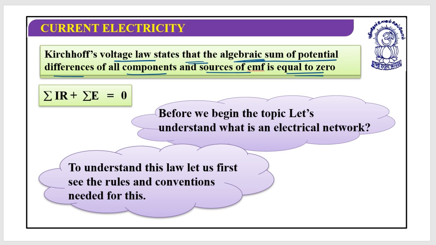It says the algebraic sum of potential differences of all components. That means sigma IR. We know that V is equal to IR, so it's the potential drop across a resistance, I into R. So that is the algebraic sum of this, sigma IR, and sources of EMF, sigma E. If we add these two, then it must be 0. Yes, I hope these things are clear.